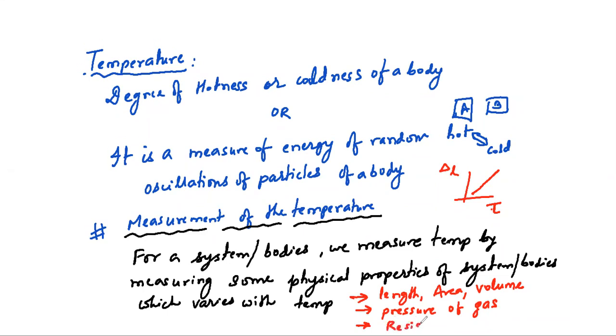There are some wires in which the resistance will be directly proportional to the temperature. So we can measure the change in temperature by measuring the change in the resistance of the wire. Or similarly, we may use the refractive index of any substance. So there are so many possibilities, right? So please note down till this point.